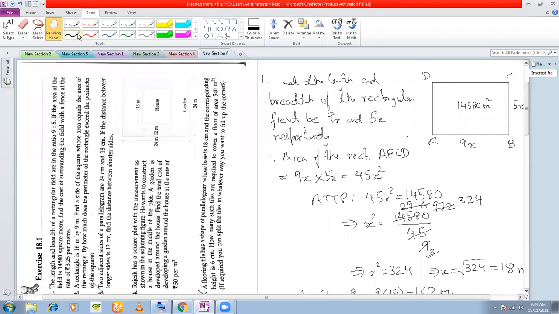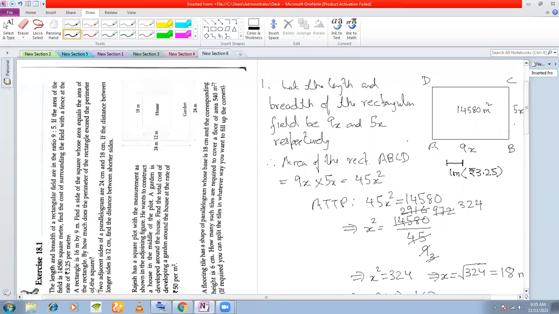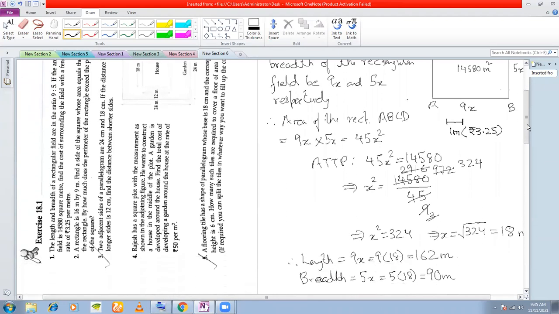That means to construct a fence of 1 meter, the cost is rupees 3.25, right? So what is the total length of fence that we have to construct? It is equal to the perimeter of the rectangle. So let's find out the perimeter of the rectangle.